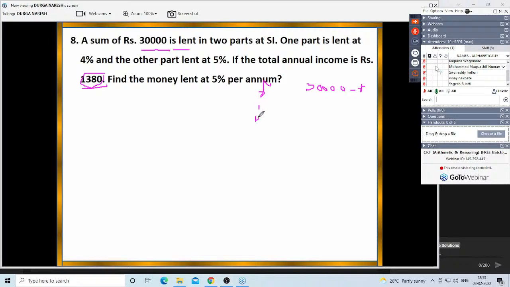The first part is at 4% per annum and the second part is at 5% per annum for 1 year. Then SI1 plus SI2 is 1380. Hope everyone knows the formula. You have to find the sum given at 5% per annum, the value of 30,000 minus x, not the x value.